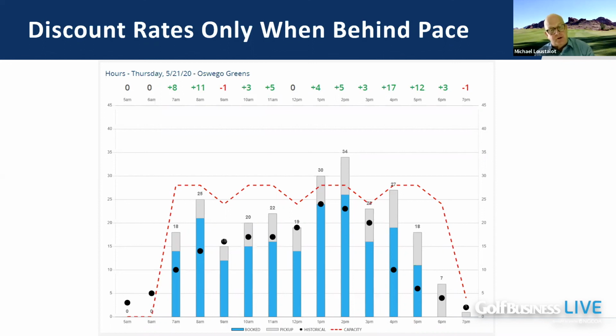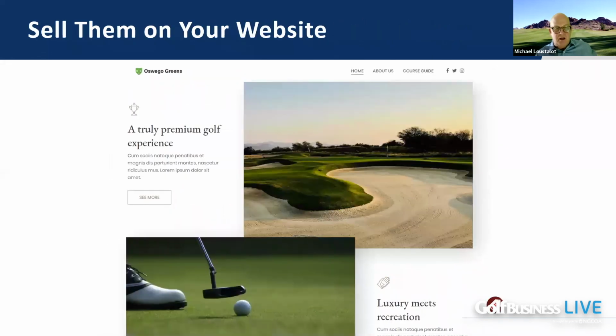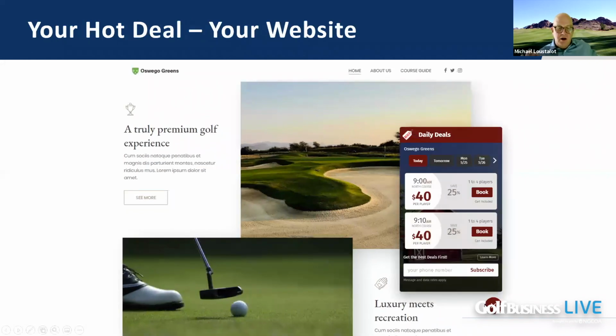Here's an example where this particular golf course in the 9 o'clock hour is behind pace, and based on the setup that the golf course pursues, they've put a deal icon on their webpage, and you can see it right down here. So they are pushing the best prices to the widget that sits on their website.